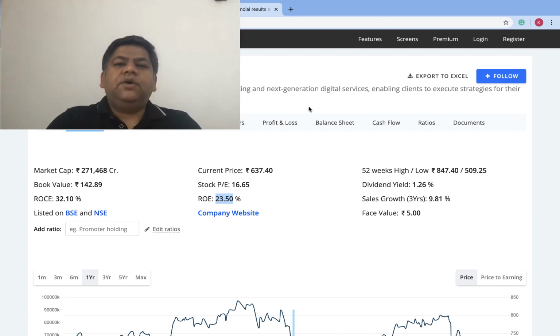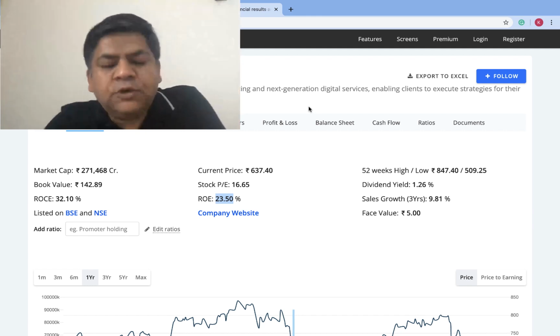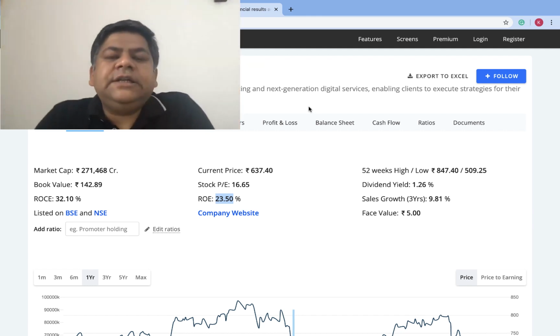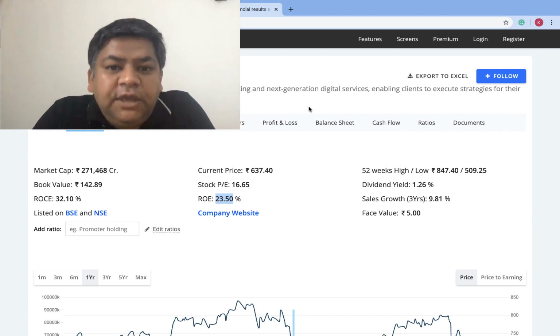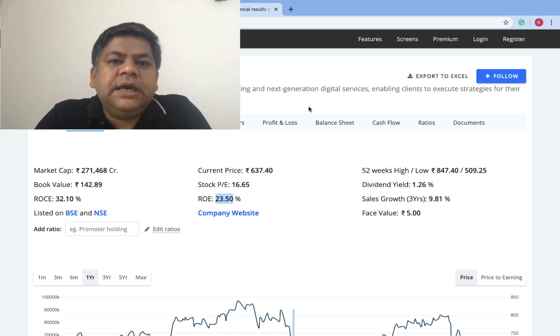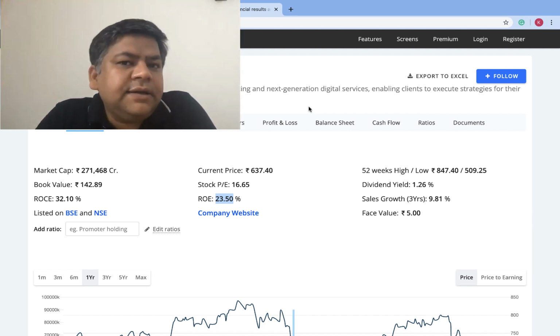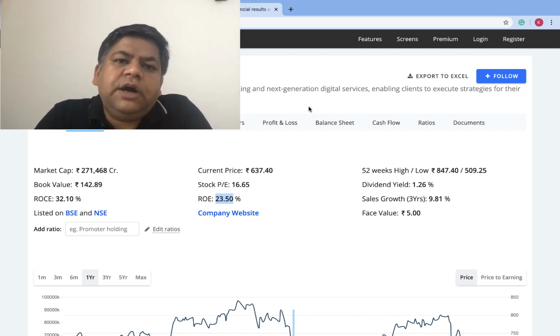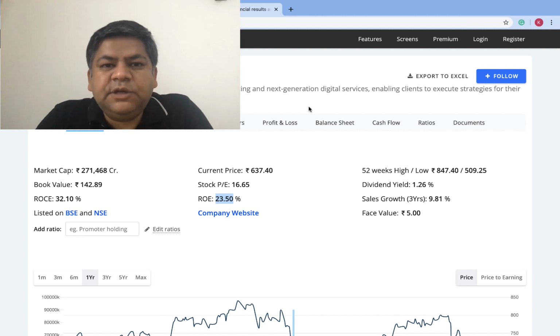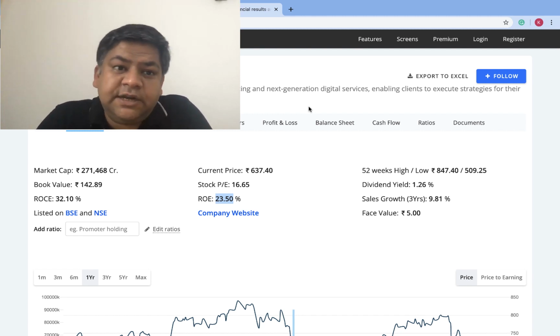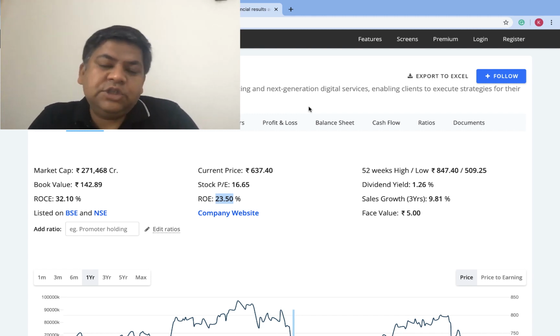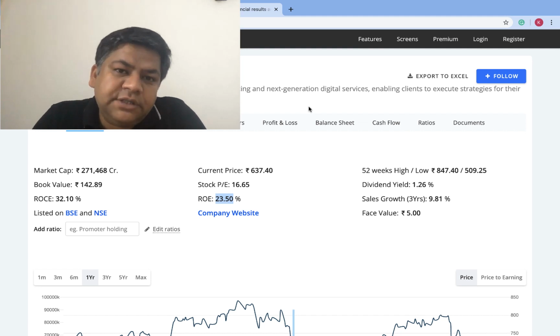So that's why you always have to take a wholesome approach. You have to do the qualitative analysis, you have to be aware of these numbers, and then take a judgmental call. You may be wrong, you may be right. The stock which you have chosen maybe in the first 6 months, 1 year would not have given you the desired result, or its competitor has given a better result.